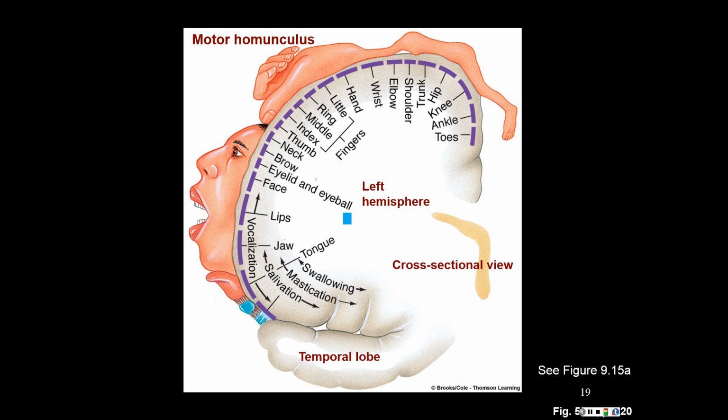Let me restate this better. If more precise motor control is necessary to move an area of the body, it's going to get more area of the brain that controls it.